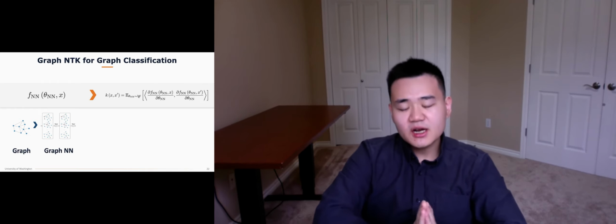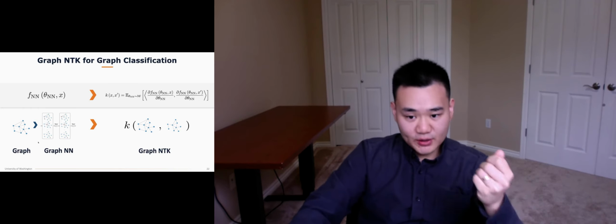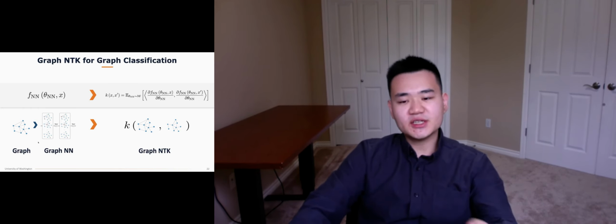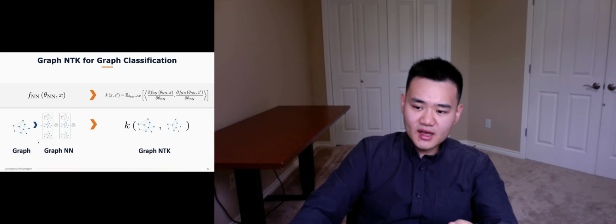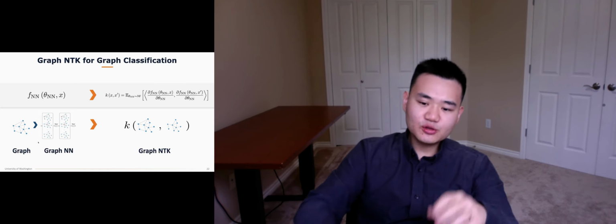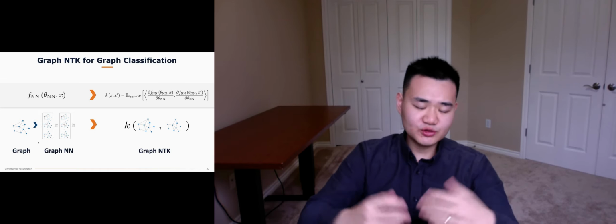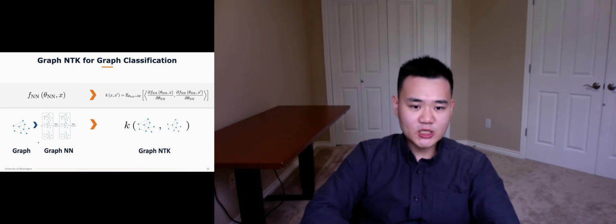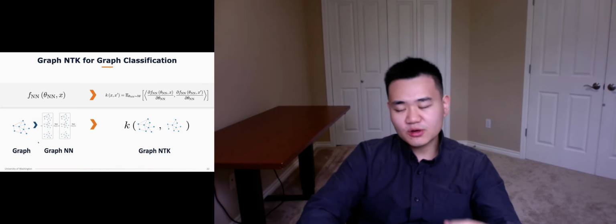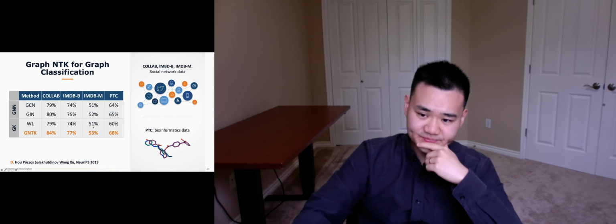Here we can transform the graph neural network into a graph neural tangent kernel. The kernel takes two graphs as input and outputs a real number, and you can use this function to do kernel regression or classification. Here we'll use it for graph classification.